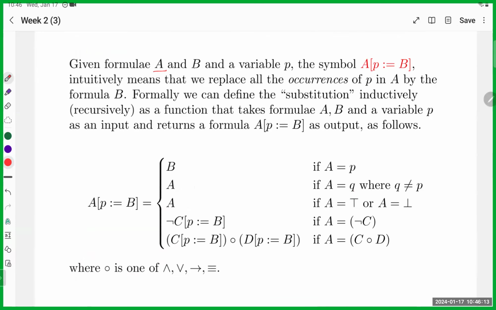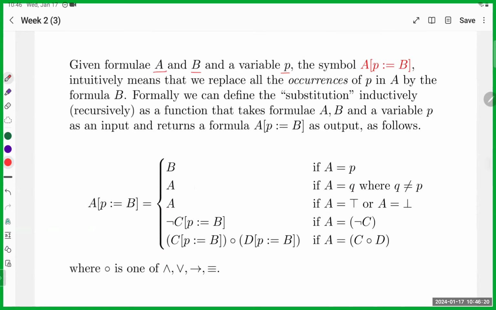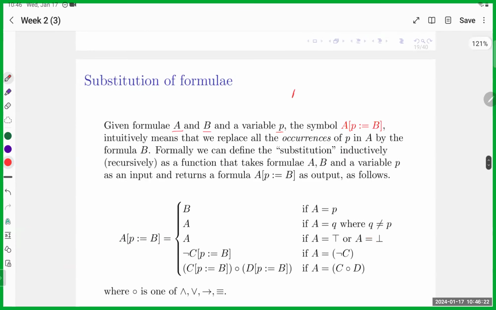Suppose you have two formulas, A and B, and a propositional variable P, and we write A[P := B]. Now, this is again a formula.